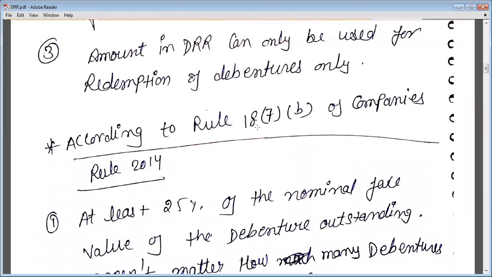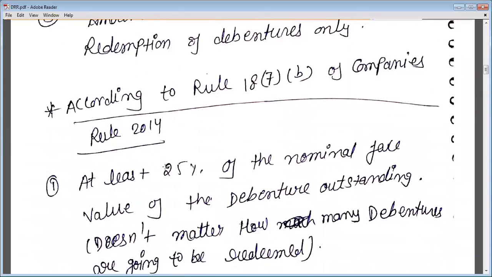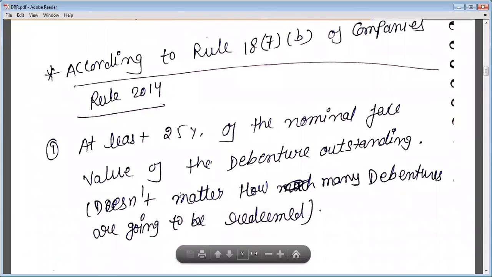According to Rule 18.7b of Companies Rule 2014, at least 25% of nominal face value of debenture outstanding, doesn't matter how many debentures are going to be redeemed. It is clearly mentioned that it is mandatory to create at least 25% of nominal value of debentures outstanding.